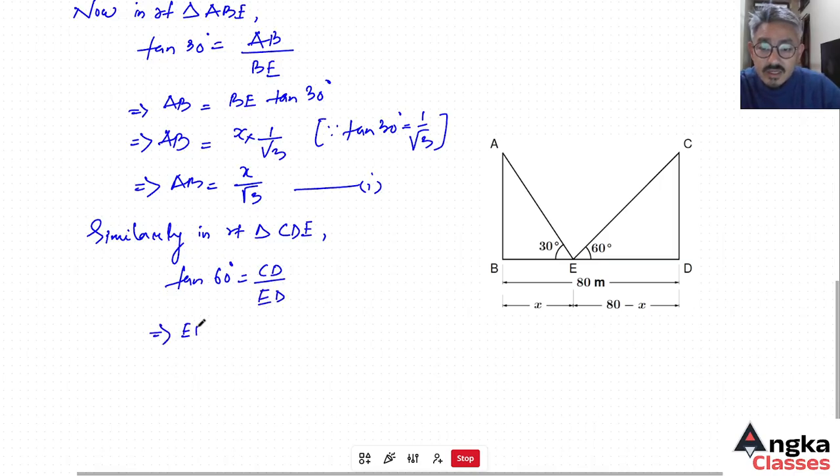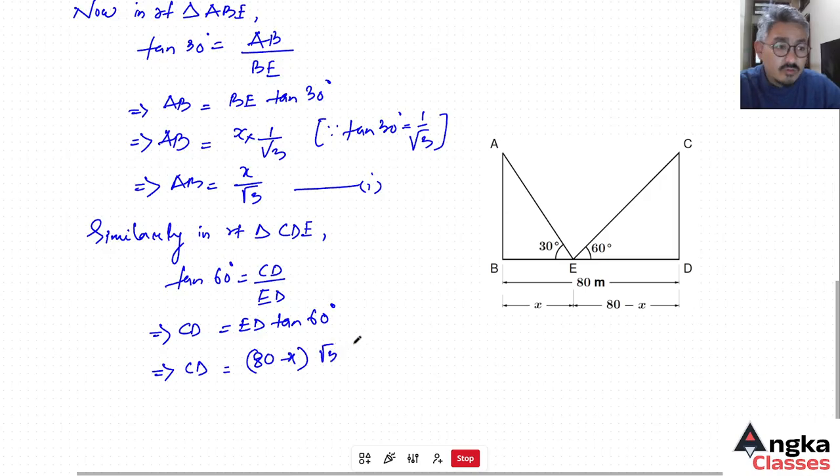Ado itadi ED is equal to 80 minus X. CD is equal to ED tan of 60 degree. So we have CD is equal to 80 minus X tan 60 degree, which is root 3. So since tan of 60 degree is equal to square root of 3, we'll call this equation 2.